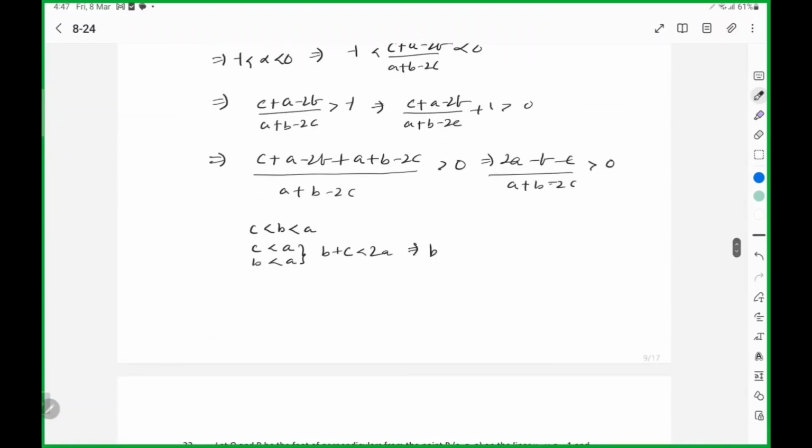Then B plus C minus 2A is negative, 2A minus B minus C is positive, which implies A plus B minus 2C is positive. A plus B by 2 is greater than C.